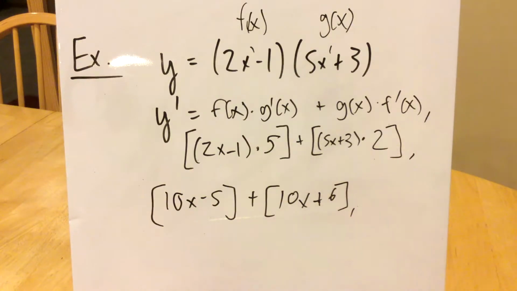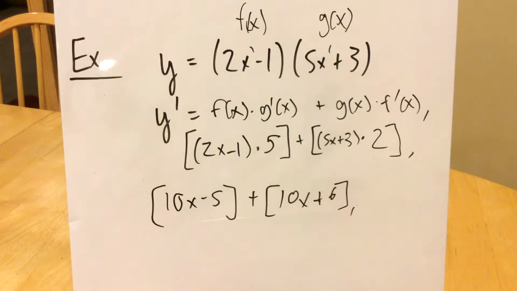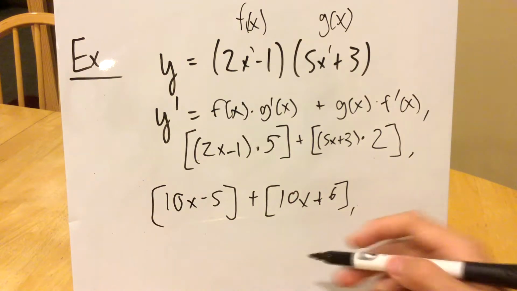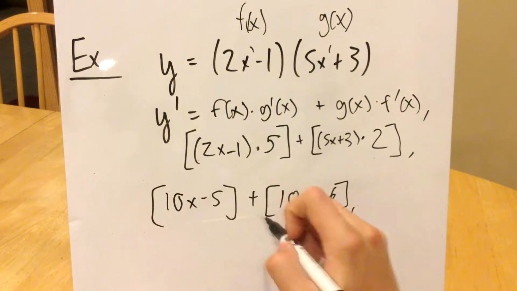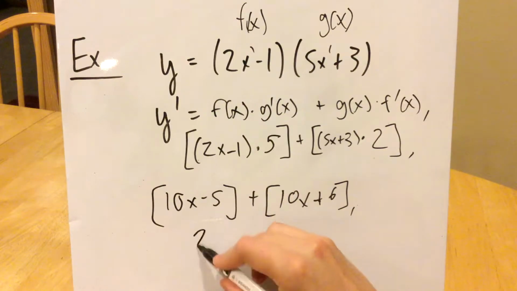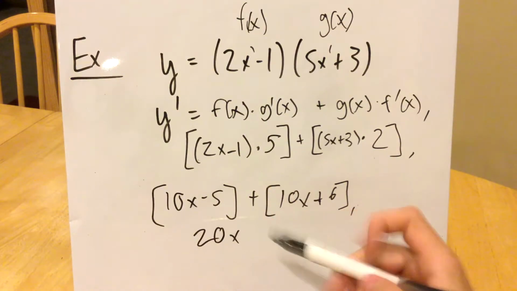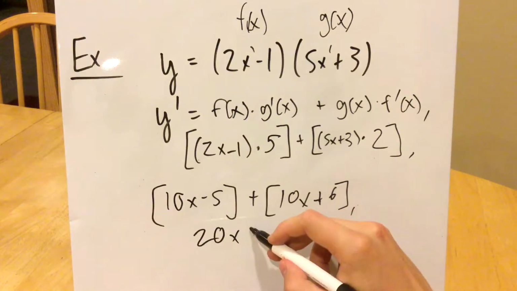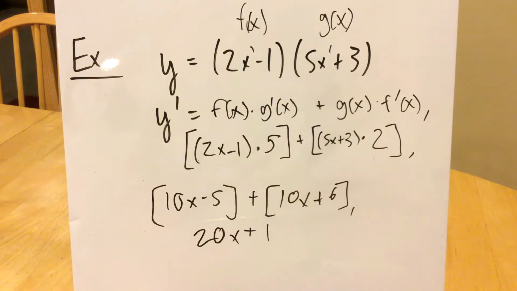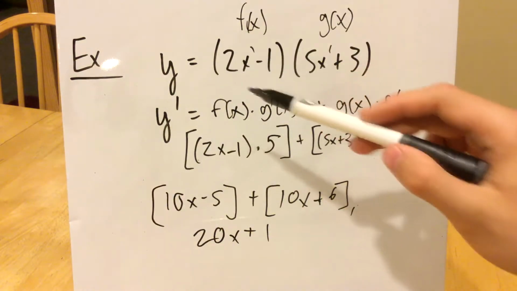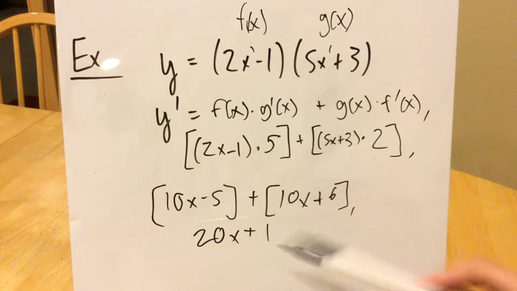This is what we've got here. And now we can just simplify it even further till we get 10x plus 10x is equal to 20x, and then negative 5 plus 6 is equal to 1. So our final answer to this problem right here is equal to 20x plus 1.